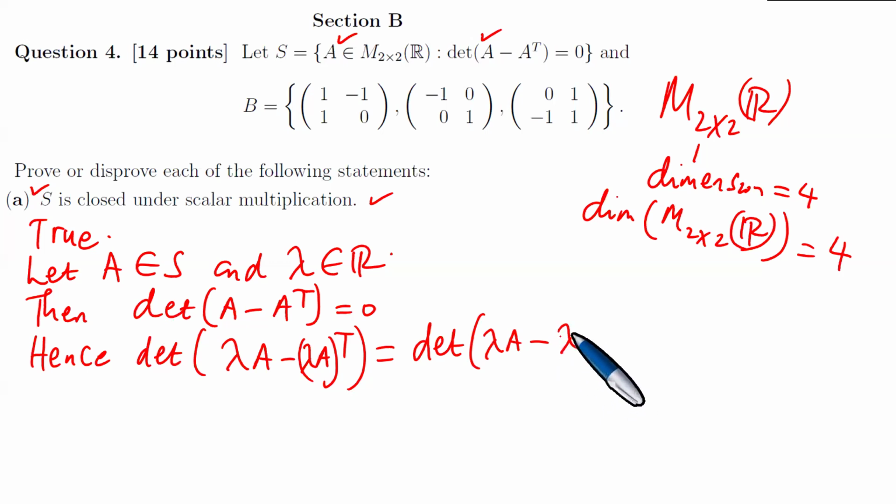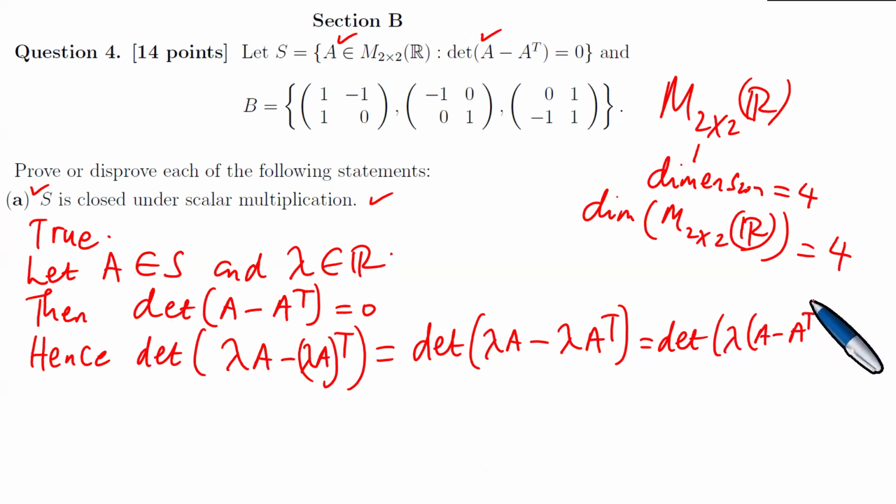Even if you take the transpose of a number, it remains a number. Minus A transpose, and now the transpose is on the matrix, meaning you have the determinant of this minus A transpose.